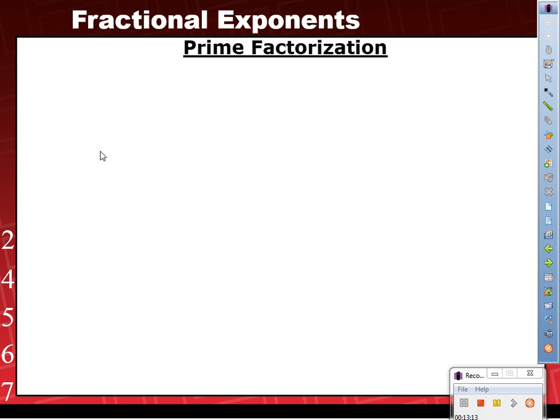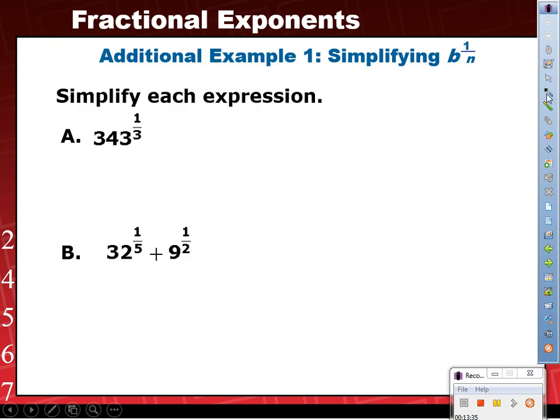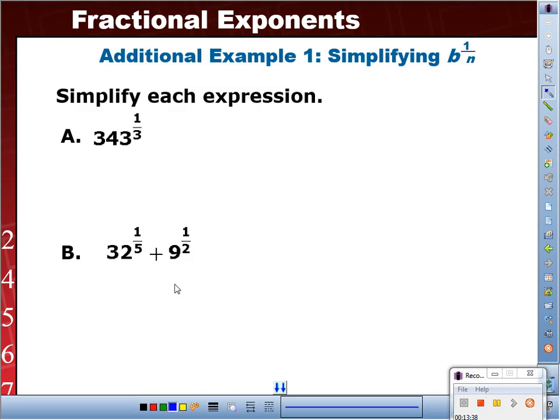Let's do A together. Here we go. What would be my first step? Tell your neighbor, please. Okay, Aithne, what did your neighbor say?